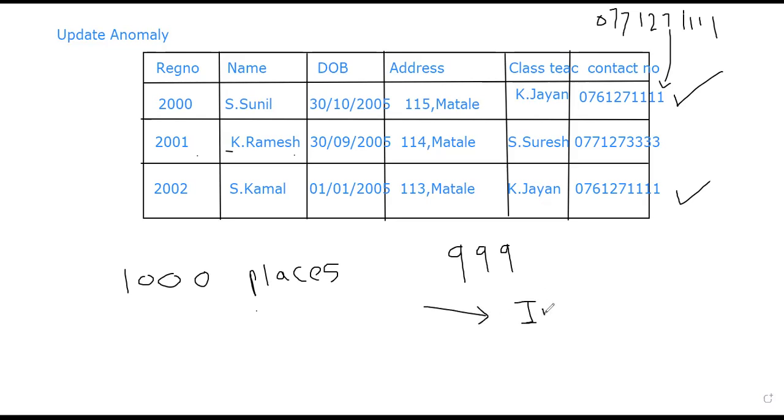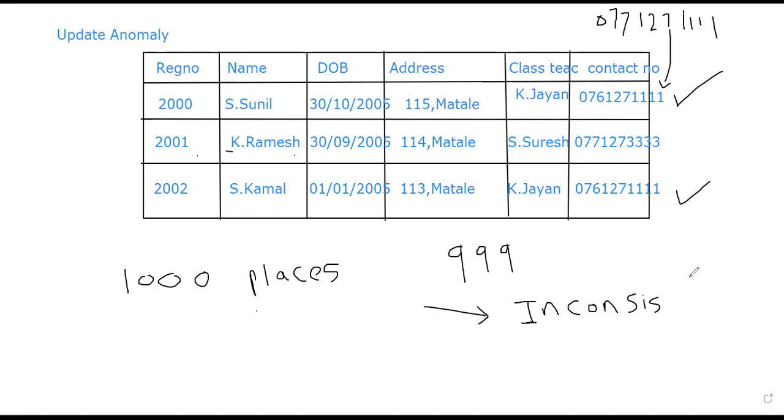Inconsistency. What is inconsistency? This is actually the same teacher's contact number, but because the contact number is different, it seems that this teacher is different from that teacher. But it is actually the same teacher. Because you made a mistake, out of 1,000 places you updated 999 but not one.